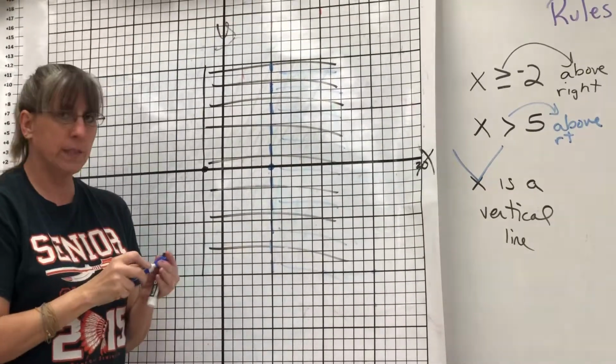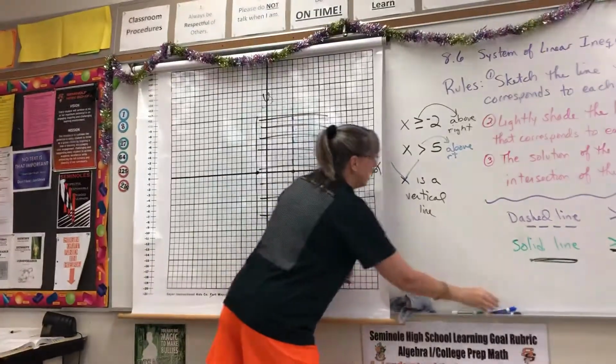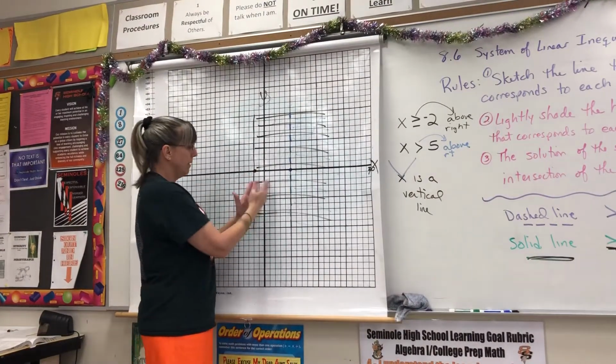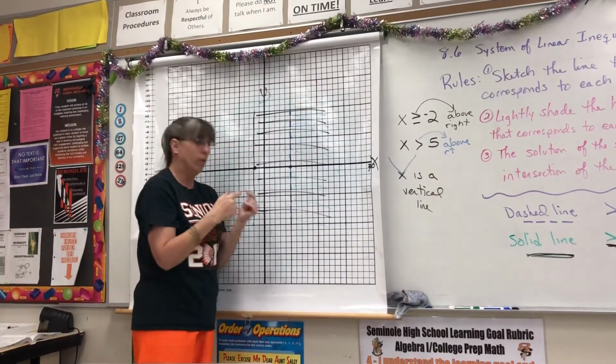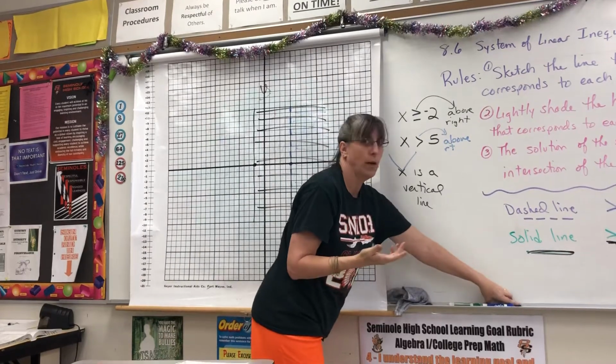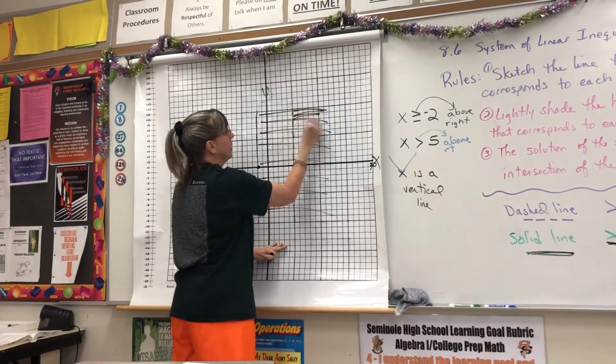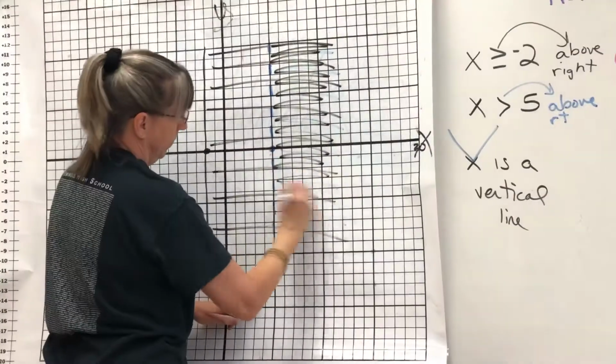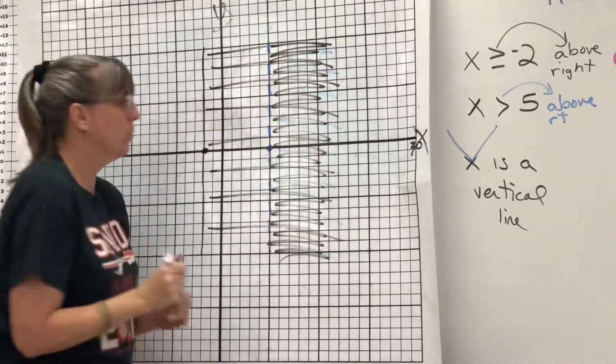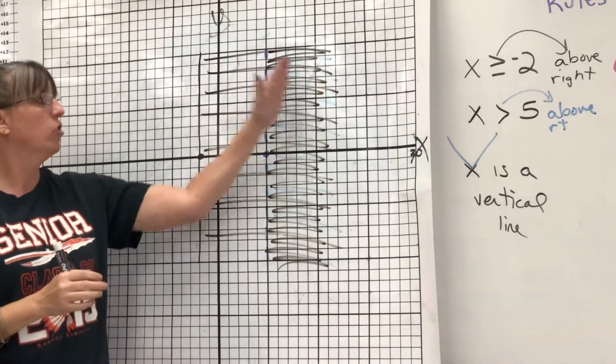All right, if you notice, this is different than the horizontal lines. The horizontal lines overlapped in the middle. This does not, and that's okay. This overlaps to the right here. So that's where you would highlight darker.